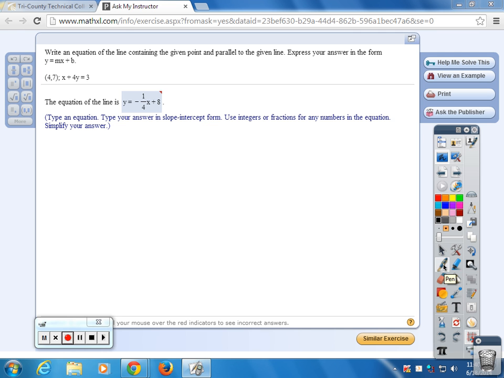Well, our point is 4, 7. What do we not have? We don't have a slope, so we got to find the slope.